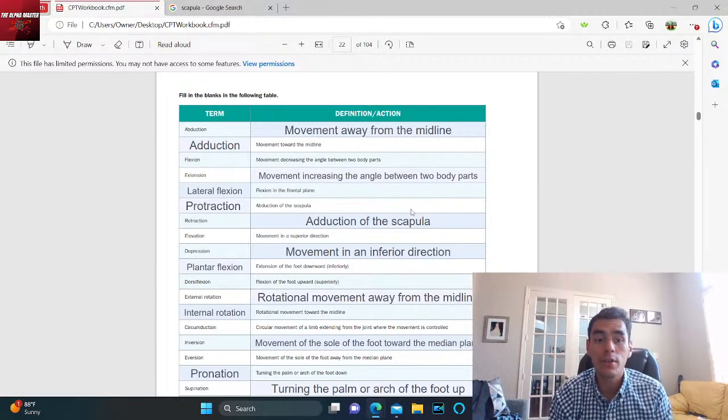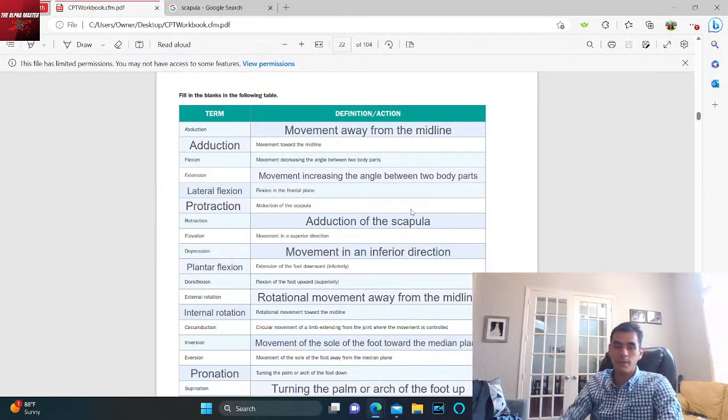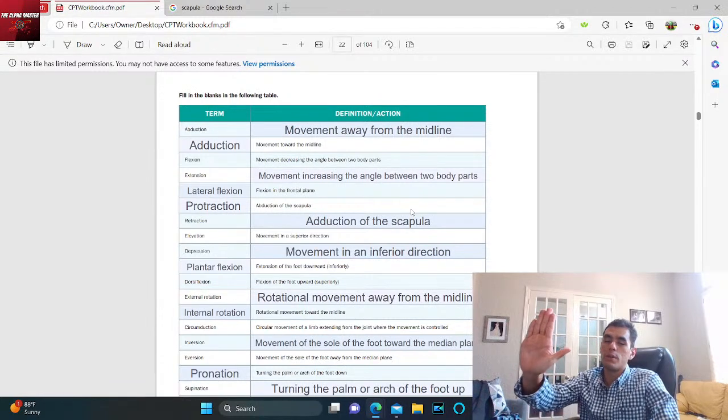Plantar flexion is going to be talking about the foot. Plantar flexion is extension of the foot downward, inferiorly. This is plantar flexion right here. Dorsiflexion is flexion of the foot upward, superiorly.